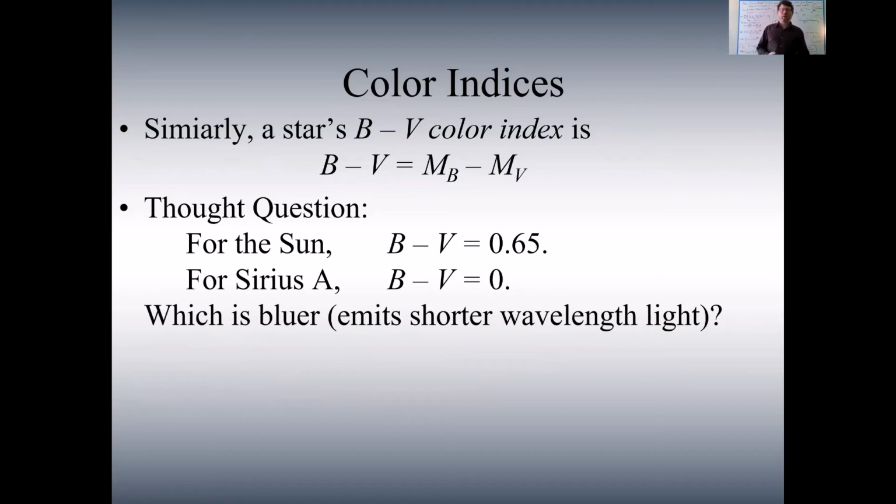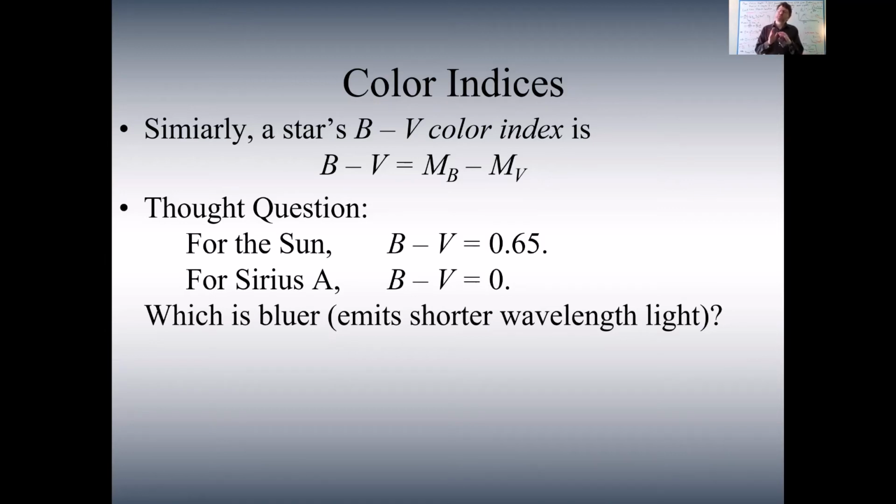So as a thought question, let's just take as a given that the sun has a color index B minus V of 0.65, whereas Sirius A, the brighter component in the binary Sirius system, has a color index of 0.0 for B minus V. So which of these emits bluer light?